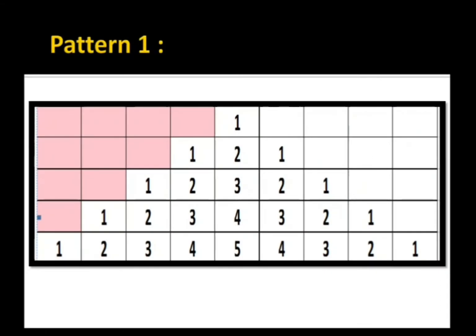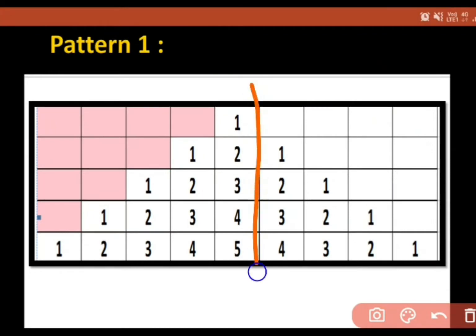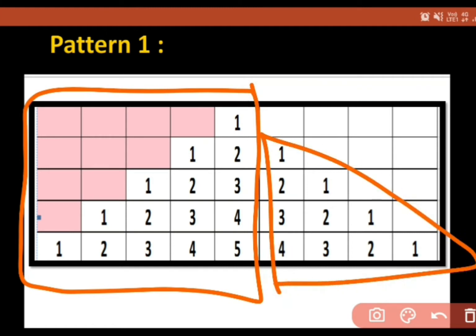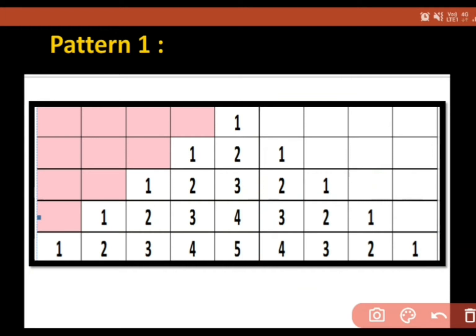I'm having a pattern like this, but one thing we have to do is create a strategy for how we are going to get this pattern. In the previous video I had already created the pattern in this format. Now I have added this one also. How are we going to get this pattern?